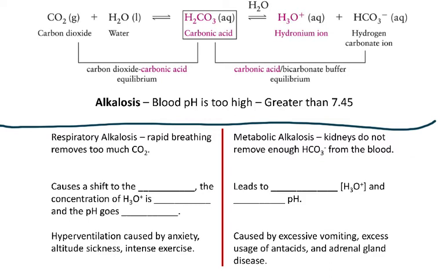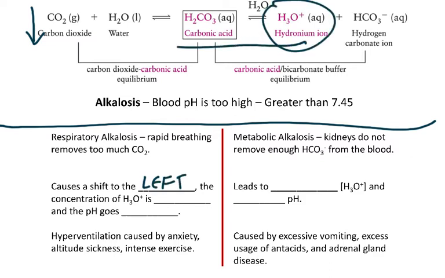So if rapid breathing removes too much CO2, carbon dioxide level goes down, causes a shift to the left to replace it, concentration of hydronium goes down, and the pH goes up, right?